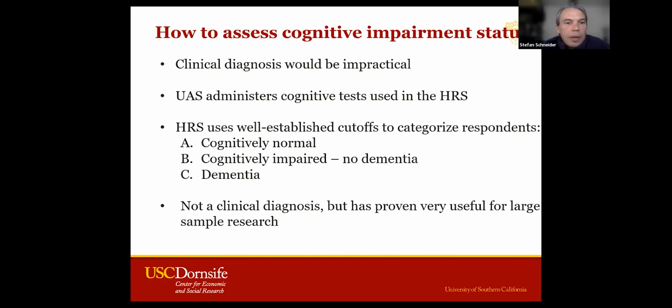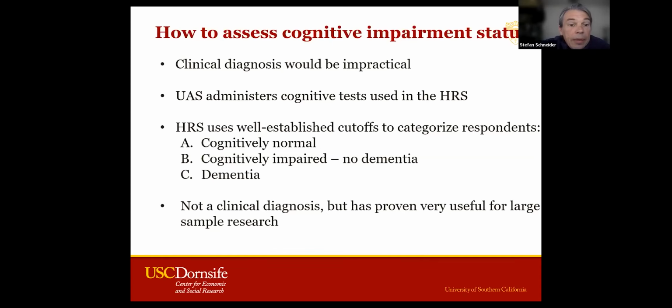So we set out and wondered how we would assess cognitive impairment status in the UAS. And of course, clinical diagnosis we thought would absolutely not be practical because this would involve in-person interviews and it's often very involved. But we had already administered cognitive tests used in the Health and Retirement Study.